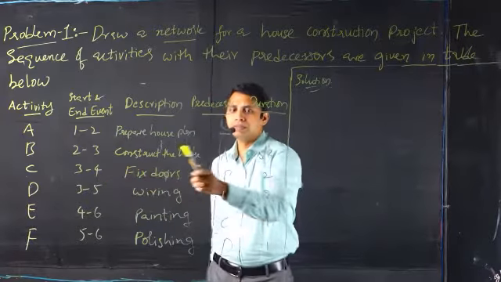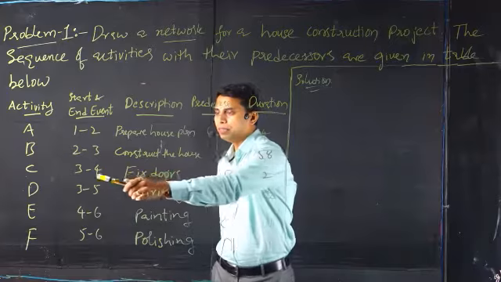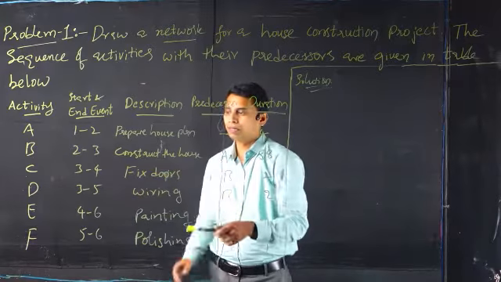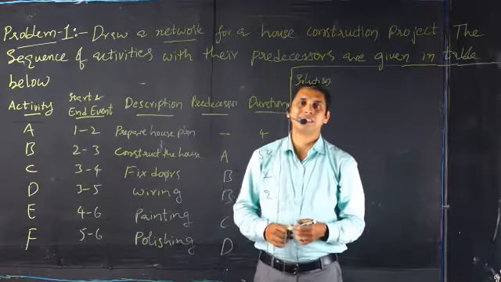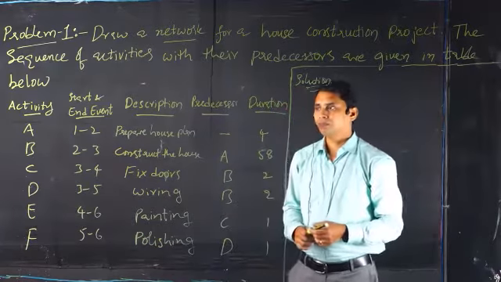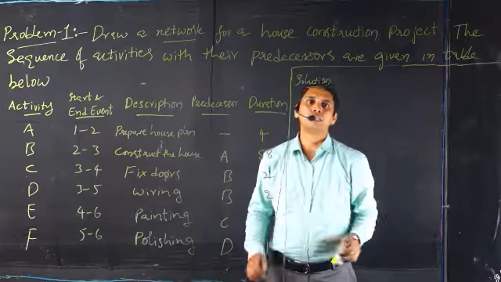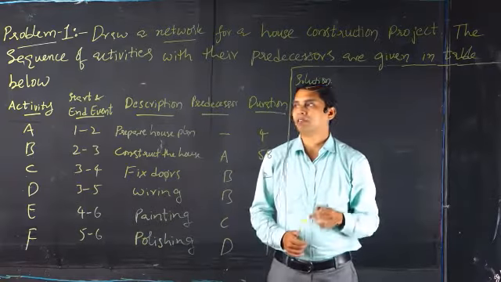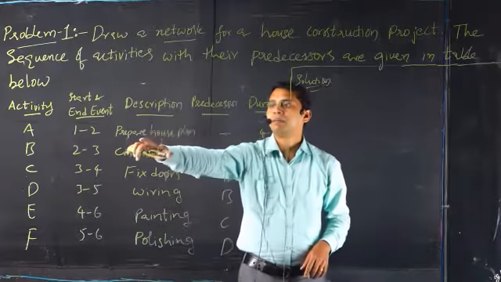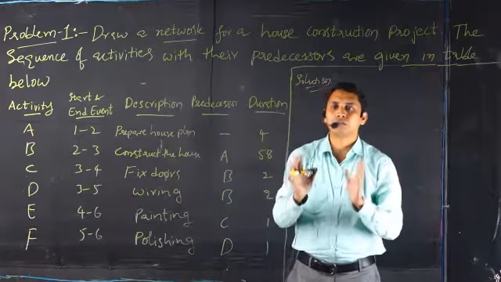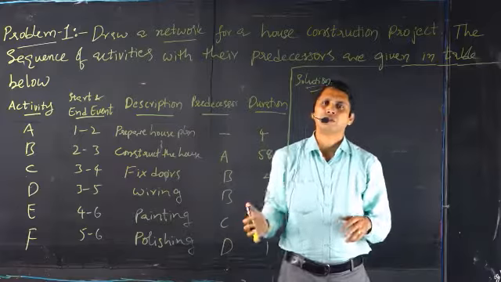So all these predecessors are given. Before completing C, B must be completed. Before completing D, again B must be completed. Before E, C, and so on. That is what predecessor means. And then duration is given, which is the time taken for the completion of the activity. Activity A, preparation of housing plan, has a duration of 4.